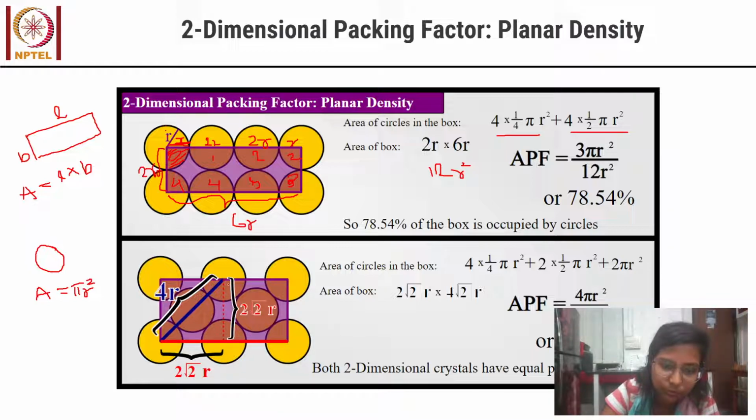So what will we do if we join them? What is the length here? The length here is given already. So this is r, this is 2r, this is r. So this much is my 4r. If this much is my 4r, then what are they doing?